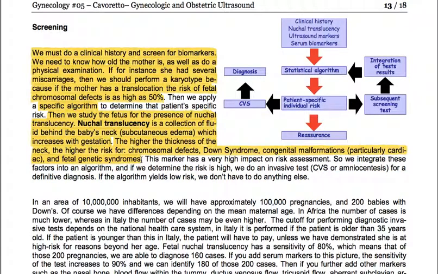This marker has a very high impact on risk assessment, so we integrate these factors into an algorithm, and if we determine the risk is high, we do an invasive test like chorionic villus sampling or amniocentesis for a definitive diagnosis. If the algorithm yields low risk, we don't have to do anything else.